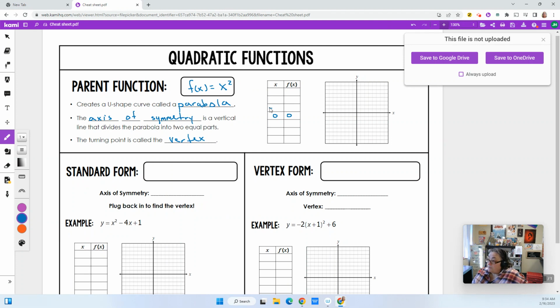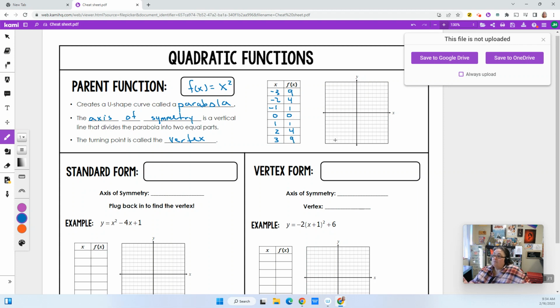And then we're going to pick points, right, on both sides of that vertex. And when we plug them in, if we have negative 1 squared, I get 1. If I have negative 2 squared, negative 2 times negative 2 is 4. Here we would have 9. And these would repeat in the opposite order, right?